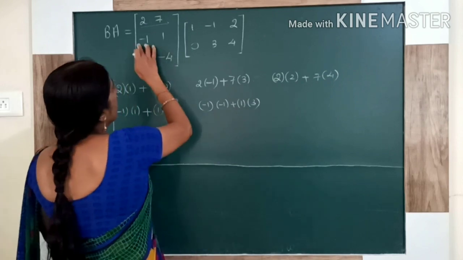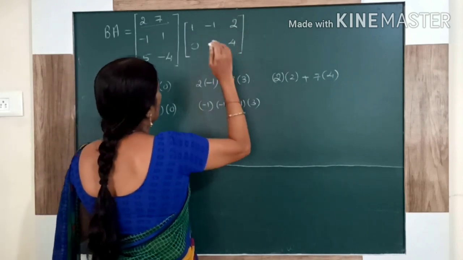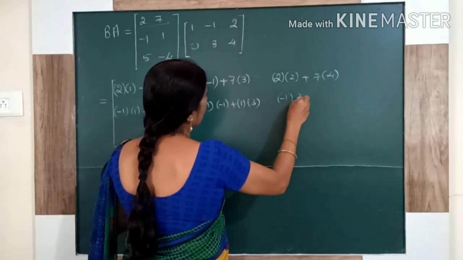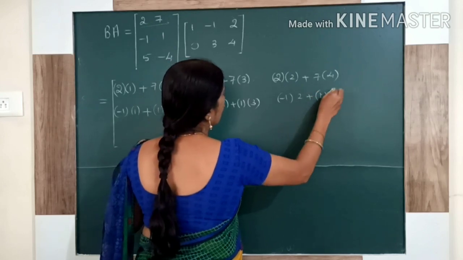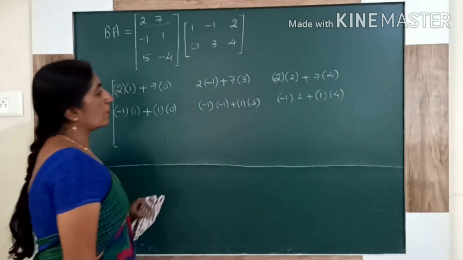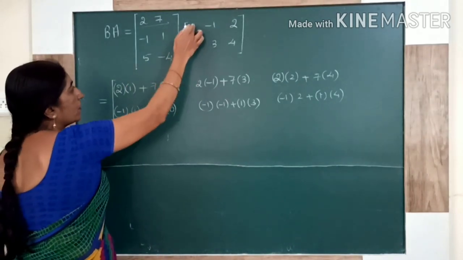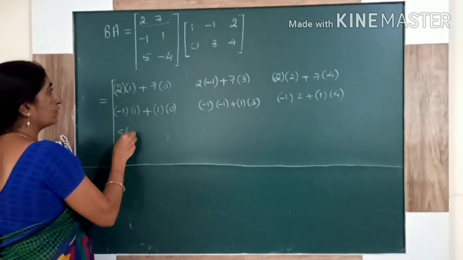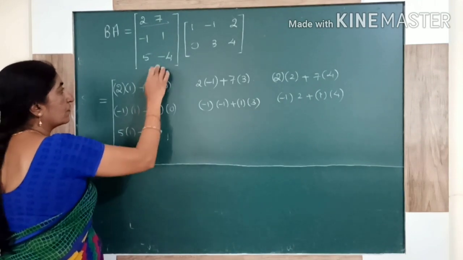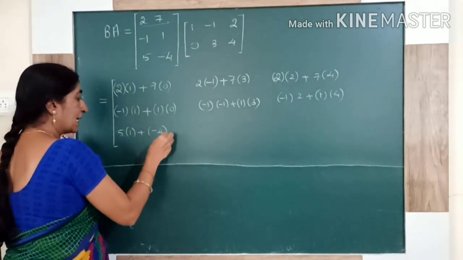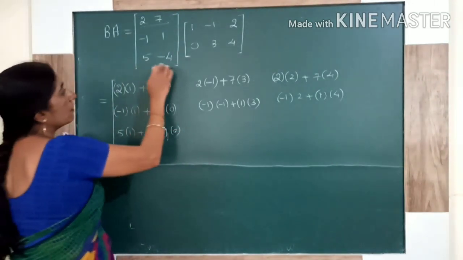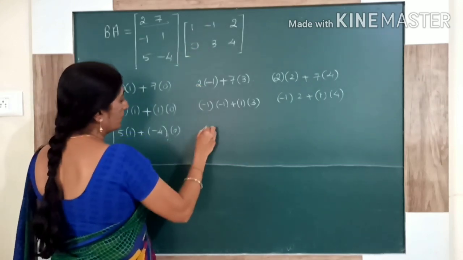Then second row with third column. This completes another step. Then third row with first column. Then similarly second elements. Third row with second column.